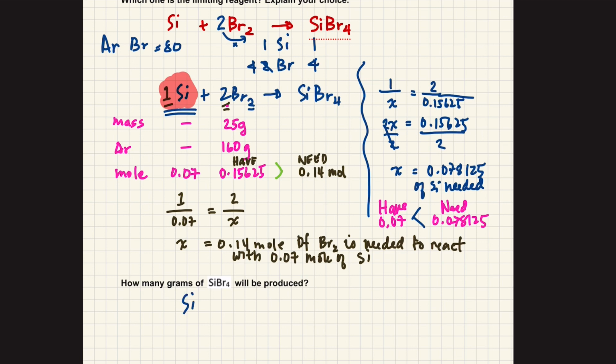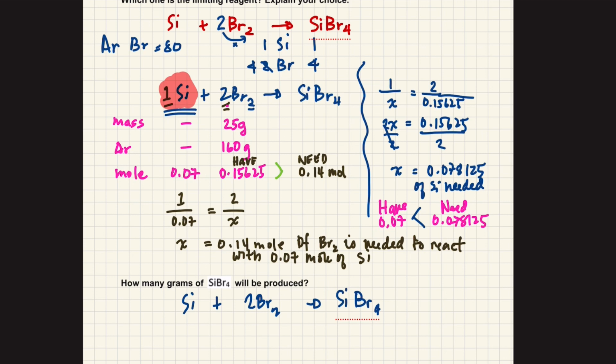So we know Si, silicon, plus 2 bromine gives us 1 molecule of silicon tetrabromide. So we have 1 molecule of silicon, 1 molecule of silicon tetrabromide, and we know that 1 atom of silicon gives us 0.07 mole.